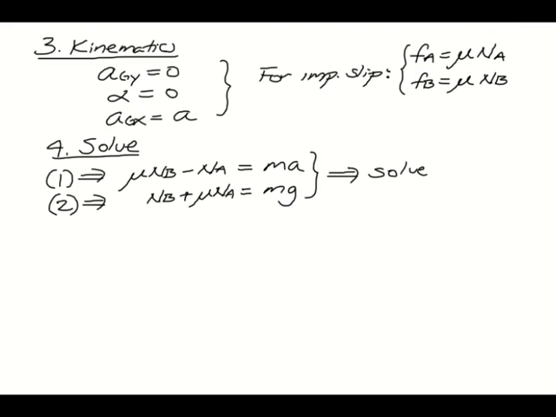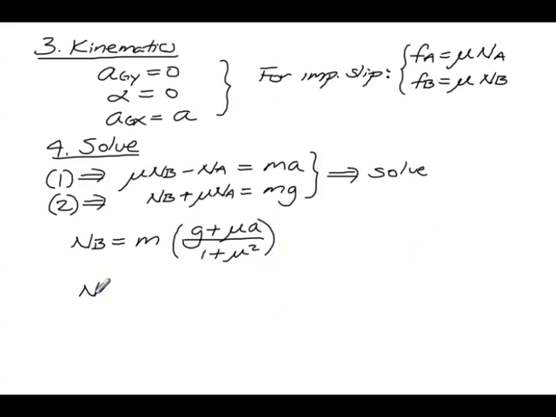I think basically what I did here was I multiplied the first equation by mu and added it to the second equation, which gave an equation for NB. NB is equal to m, the mass, times the ratio of g plus mu A, divided by 1 plus mu squared.